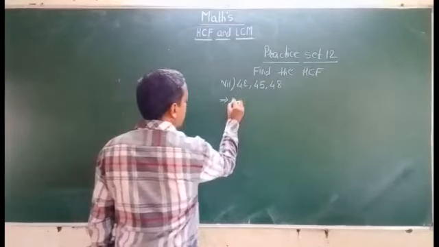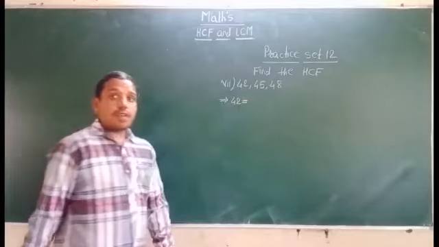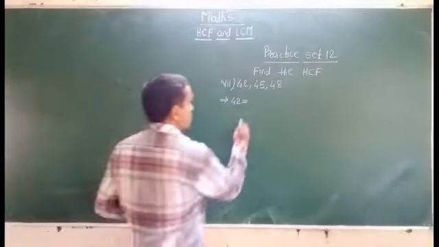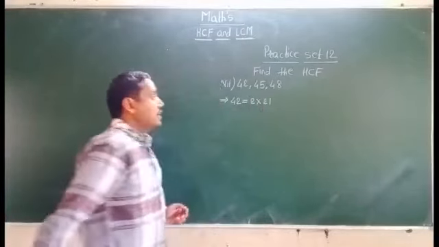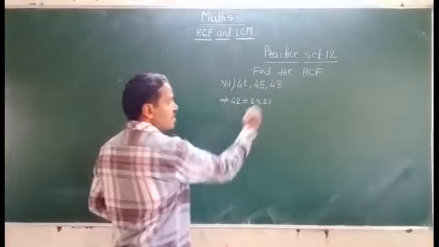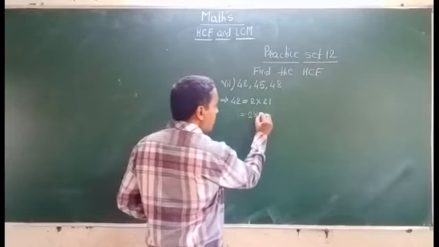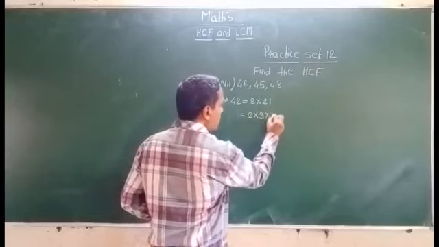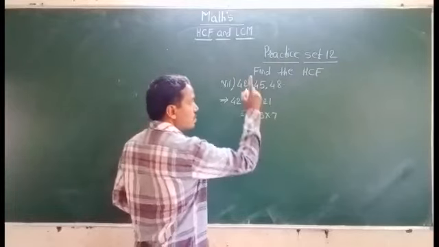The prime factorization of 42: 42 is completely divisible by 2, and we get 21. Then 21 is divided by 3, and we get 7. So 42 is 2 into 3 into 7.